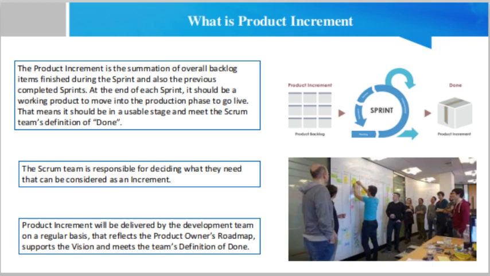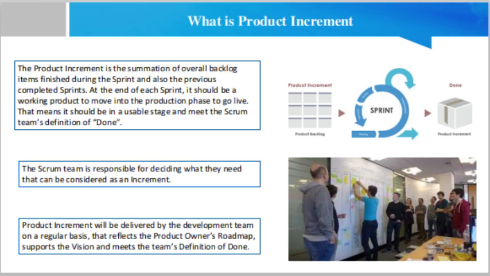So friend, the word increment itself describes its nature: to increase to the next level. The increment is a forward step towards a goal or vision. The product increment is the summation of all backlog items finished during the sprint and also the previous completed sprints. At the end of each sprint, it should be a working product to move into the production phase to go live.